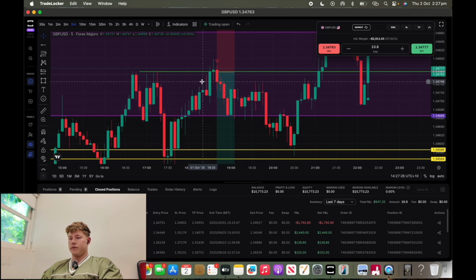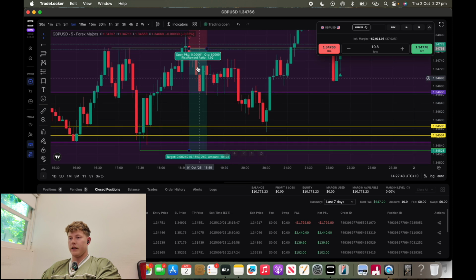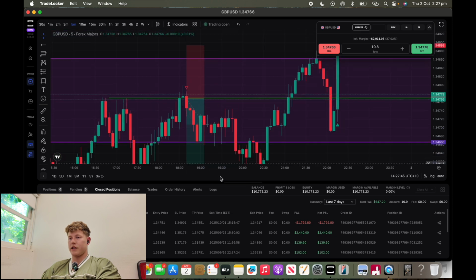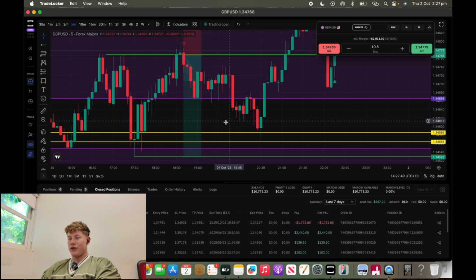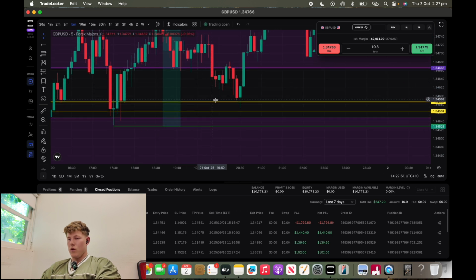Price came up, so the market opened here, right here. Price started to come up, took out these highs up here, was waiting for the breaker structure, went for the breaker structure, bought in to go short, and put my take profit there and stop loss above the fair value gap. And price actually came all the way down to right here.